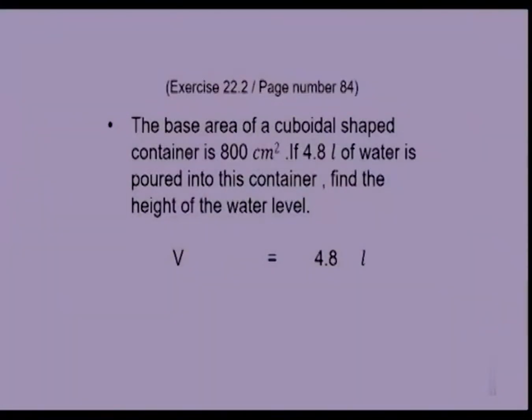So, first of all, you have to convert these liters into cubic centimeters. 4.8 liters, you can easily convert this value into milliliters. How do you convert this one? Yes, you can multiply this value by 1000.